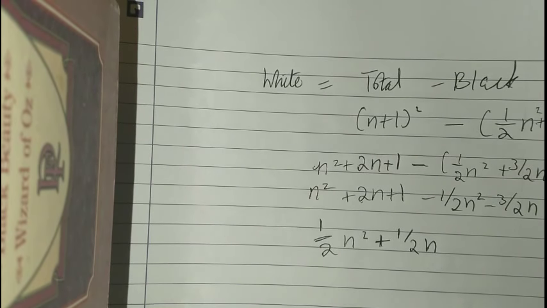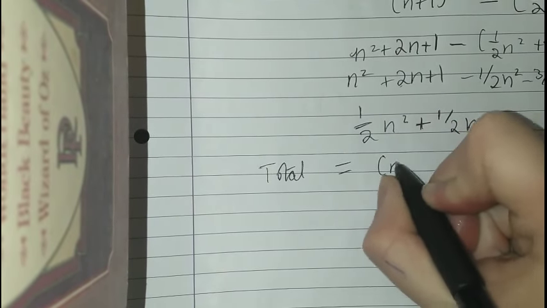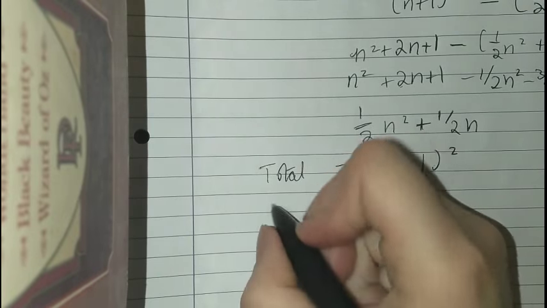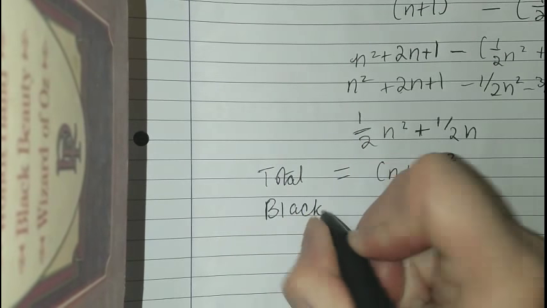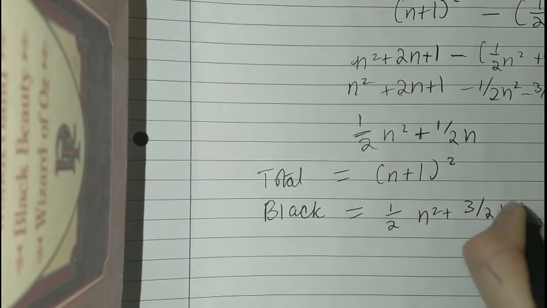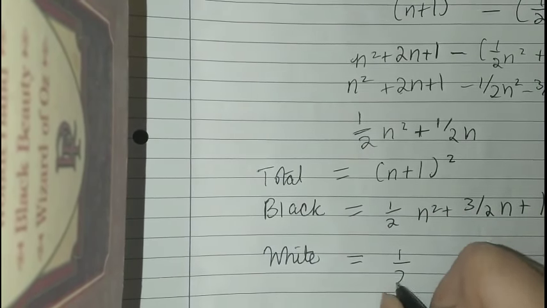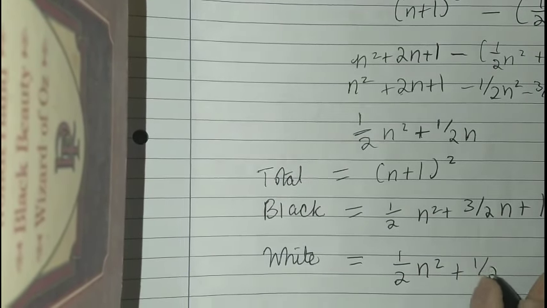And then one particular pattern has a total of 625 triangles. We're asked to find the number of black triangles and the number of white triangles. So we have the formula for the total number of triangles, n plus 1 squared. The formula for the number of black triangles is a half n squared plus 3 over 2n plus 1, and the formula for the number of white triangles is a half n squared plus a half n.